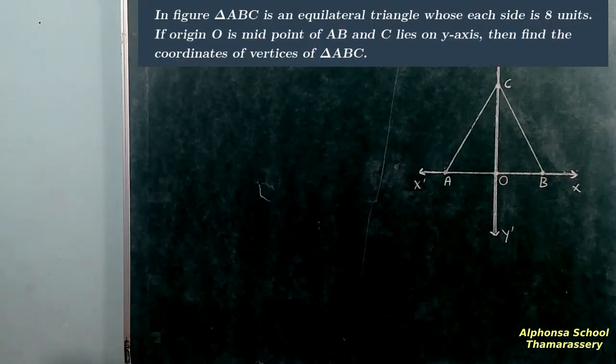In the figure, triangle ABC is an equilateral triangle whose each side is 8 units. If origin O is the midpoint of AB and C lies on the y-axis, then find the coordinates of the vertices of triangle ABC.